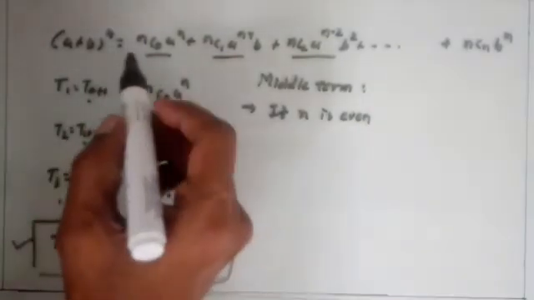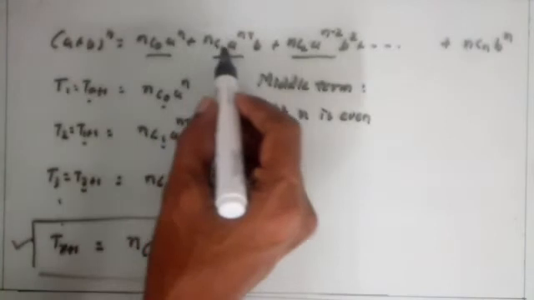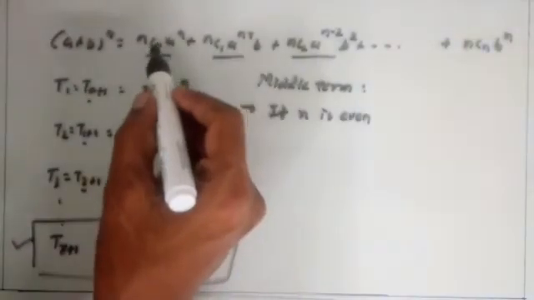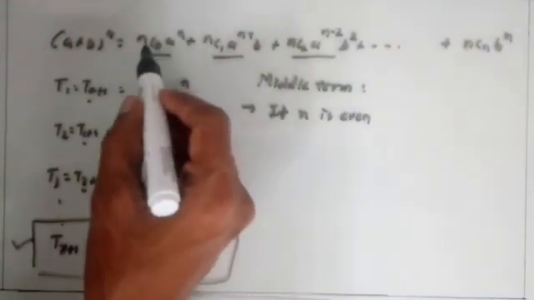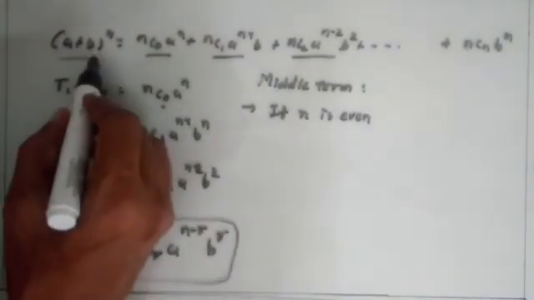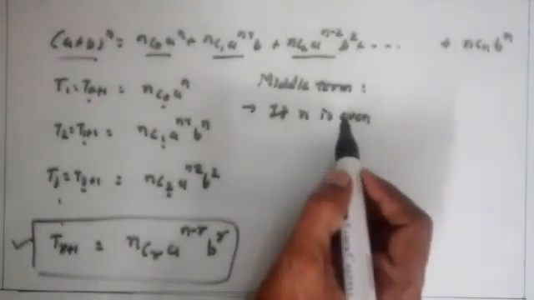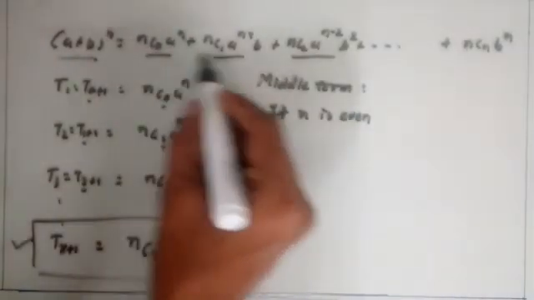Here (a + b)^n contains 1 to n plus the 0 term, that is one more term, so n + 1 terms. In the expansion of (a + b)^n, we get n + 1 terms. So if n is even, then the number of terms is odd.